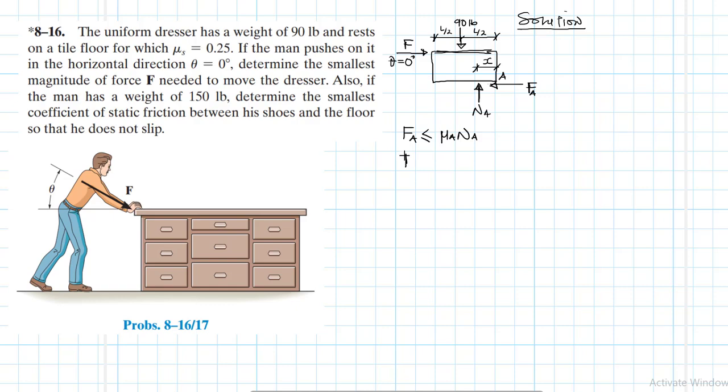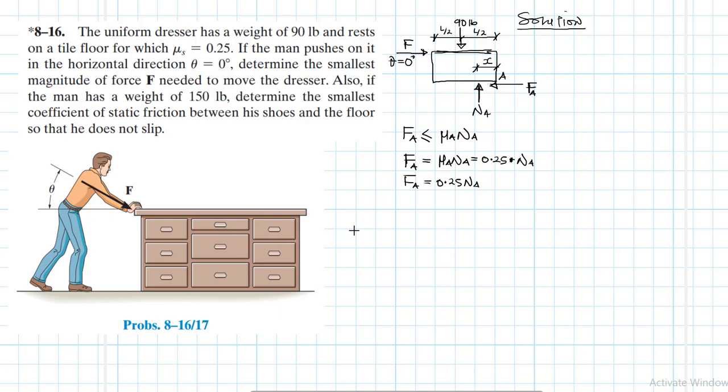Therefore we can borrow this equation and equate it to this condition, mu s NA, which is equal to 0.25 NA. So FA is equal to 0.25 NA.